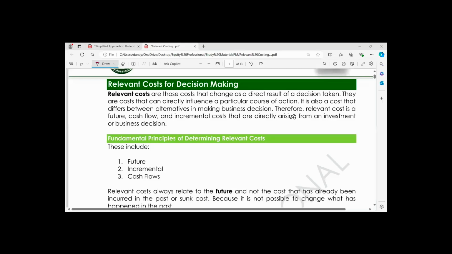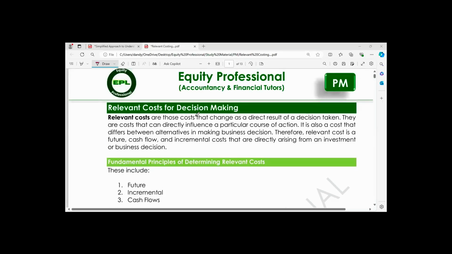So last week, we started relevant costs for decision making, and we said the relevant costs are costs that are directly attributable to a particular course of action in making managerial decisions, and that any cost that will be incurred purposely as a result of taking a particular course of action is referred to as relevant costs.